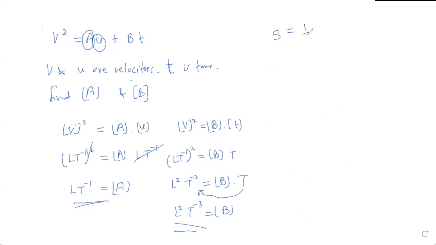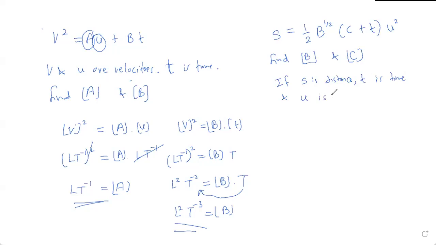S is equal to half B to the power half, C plus T, into U square, right? Find dimensions of B and C if S is distance, T is time, and U is velocity. Go step by step.